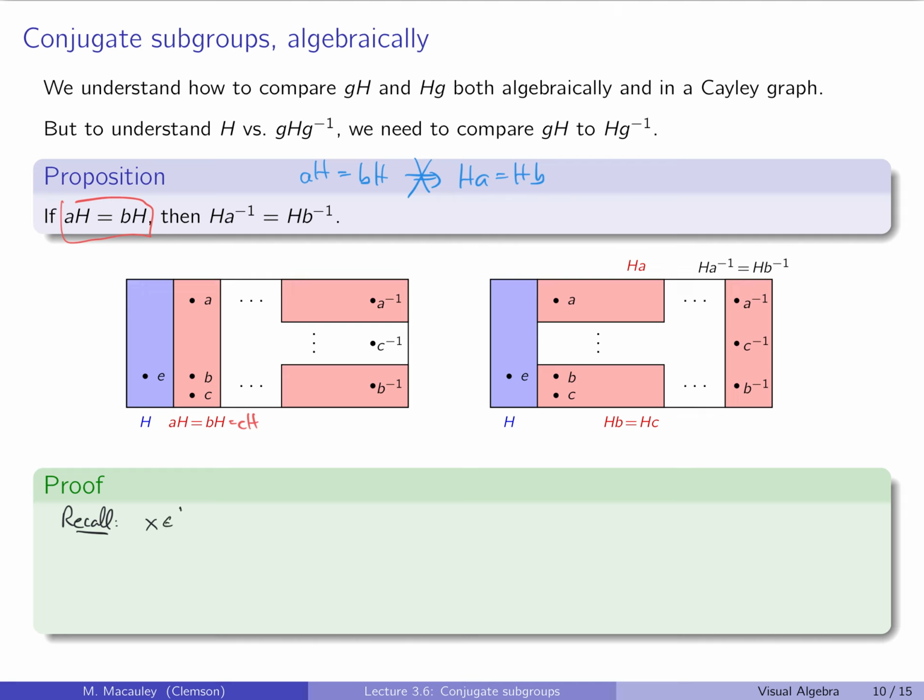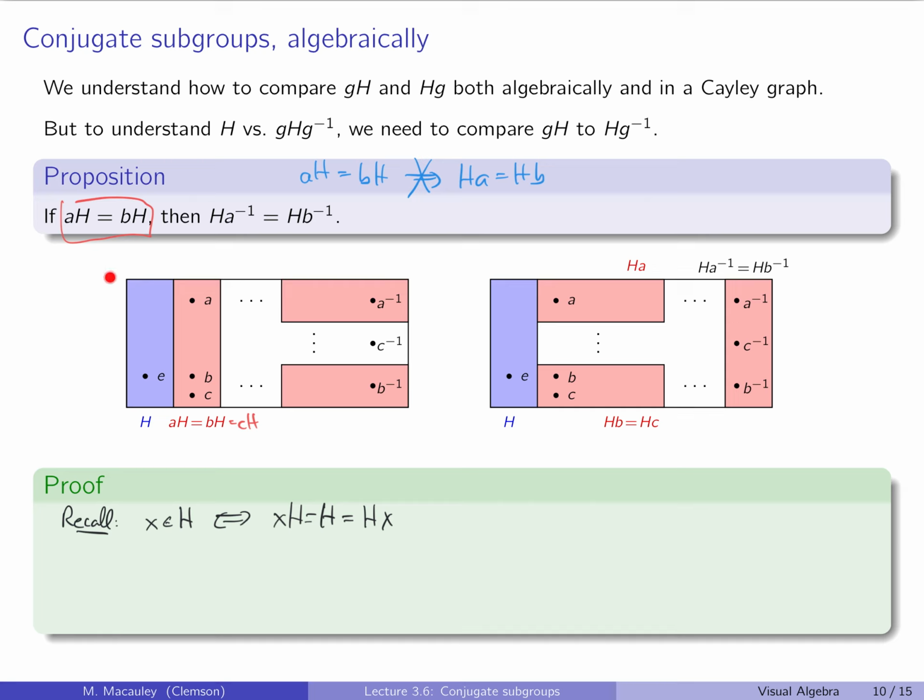An element x is in H if and only if xH is equal to H. And of course, this also holds for right cosets, so we can say this is equal to Hx. So these are equivalent conditions. We're going to use that. It may not be clear how, but we're trying to prove this implication.